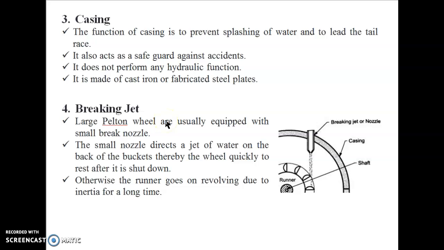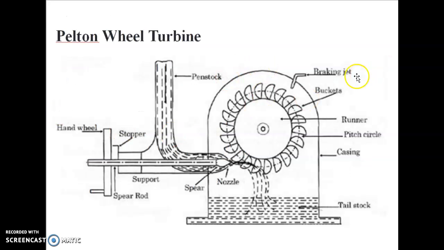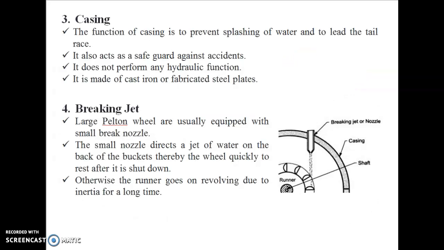Next one is braking jet. Again, I will show you that previous diagram, so you will be able to see the location of that braking jet. On this top part we can see the braking jet. Now we'll see what the different functions of braking jet are. Whenever there is a large Pelton wheel, usually in that case we provide this braking jet. The small nozzle directs a jet of water on the back of the buckets, thereby the wheel quickly comes to rest after shutdown.